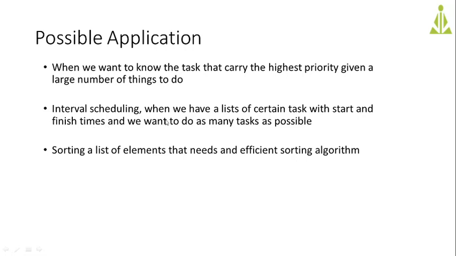Interval scheduling, when we have a list of tasks with start and finish times and we want to do as many tasks as possible. Sorting, a list of elements that needs an efficient sorting algorithm. So these are some of the possible applications.